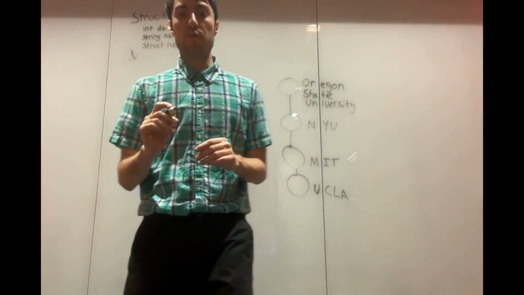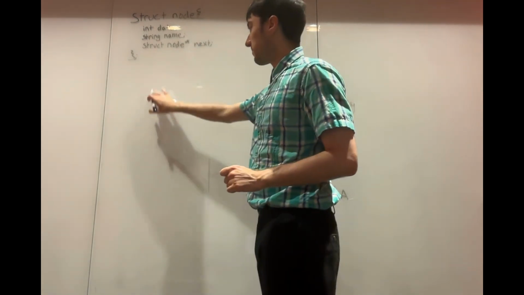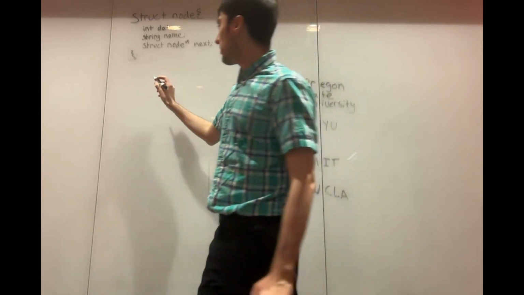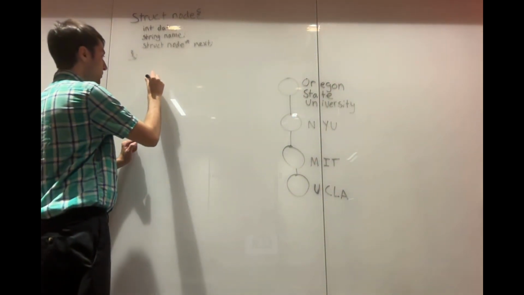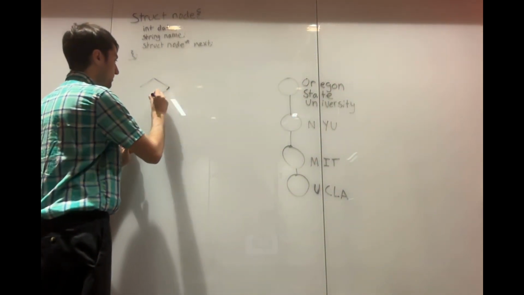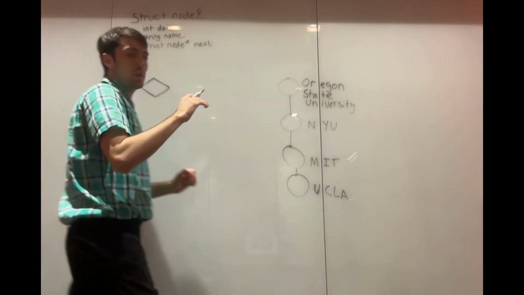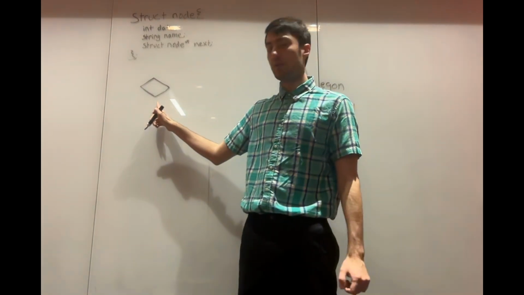So here we go. The first thing that we need is a pointer. Let's represent that with a triangle. So here is our pointer.